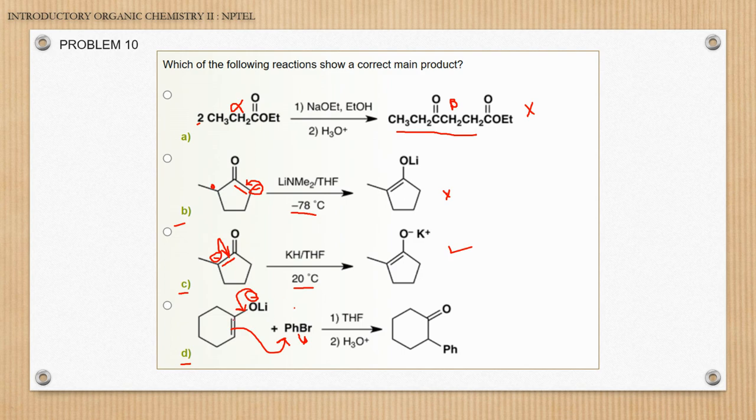So SN2 reaction at this bromobenzene is not possible as it is. So in this condition it is not going to happen. That is why this is a wrong outcome. So option number C will be the right one because you have to identify the correct main product, and the correct main product is happening in option number C only.